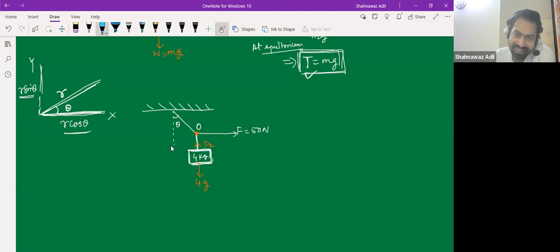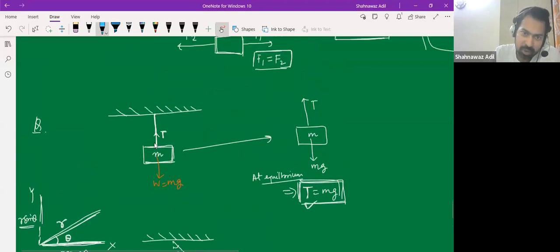Gravitational. No, there is no mass, because this is just some point of the rope. So the rope was like this, and you just pull this rope in this direction. Let me show an example of what happened.